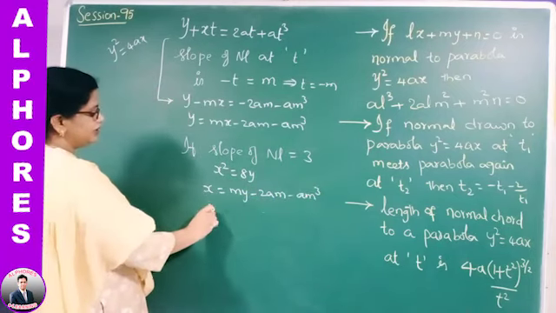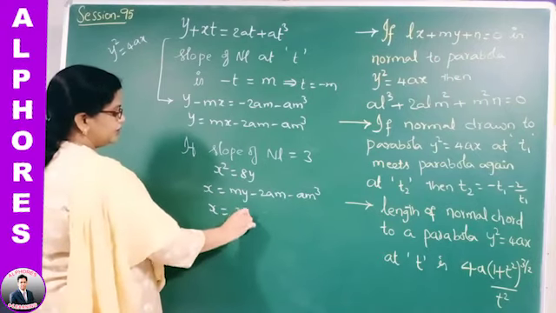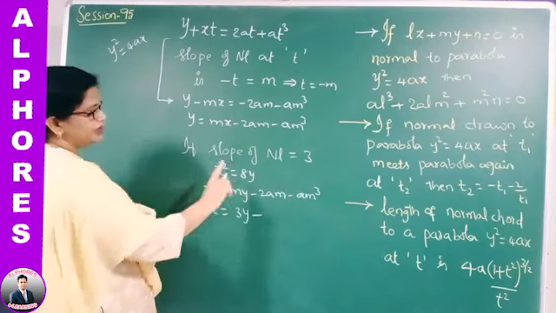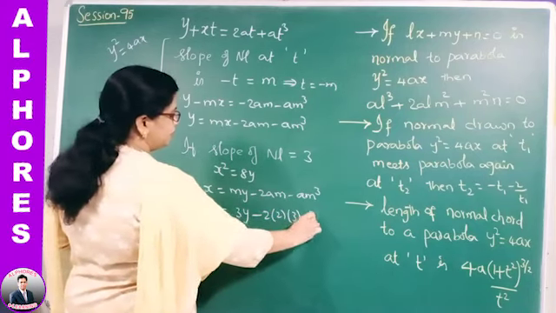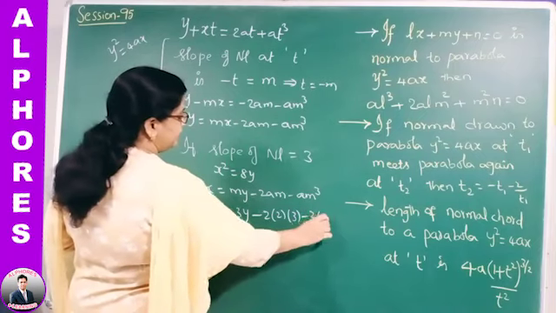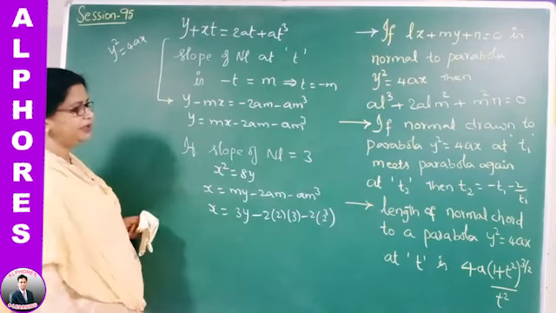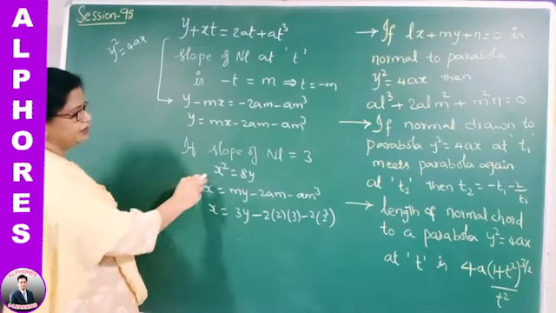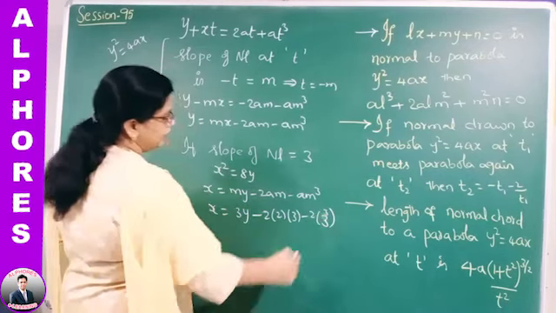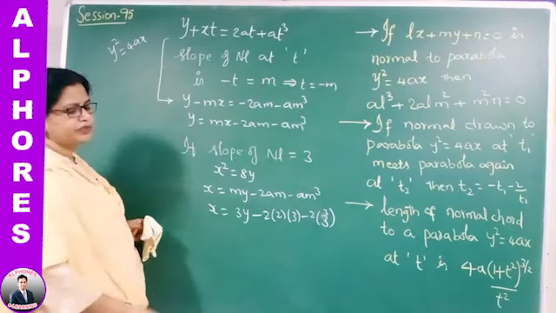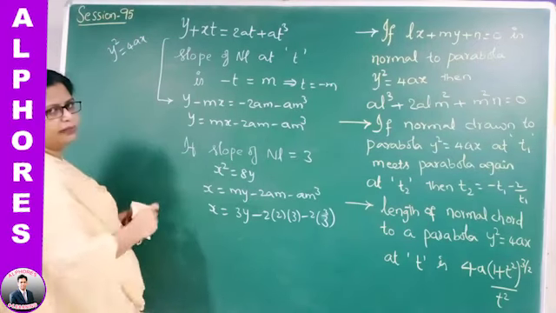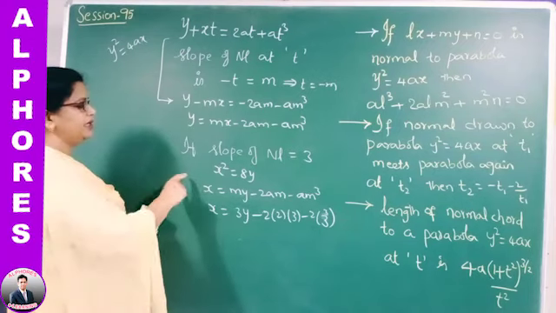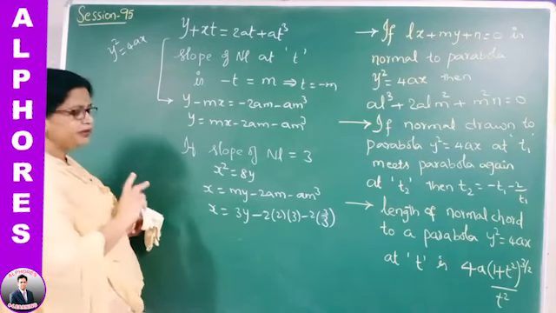Now m is given as 3, so x equal to 3y minus 2 into 2 into 3, minus 2 cube into 3 cube, sorry, m cube is 3 cube. So you can write the formula for this equation also. If x square is 4ay or anything is given, simply you can make use of the slope formula. Slope is enough and the equation of the curve is enough; if you know these two, we can simply write the equation of normal.